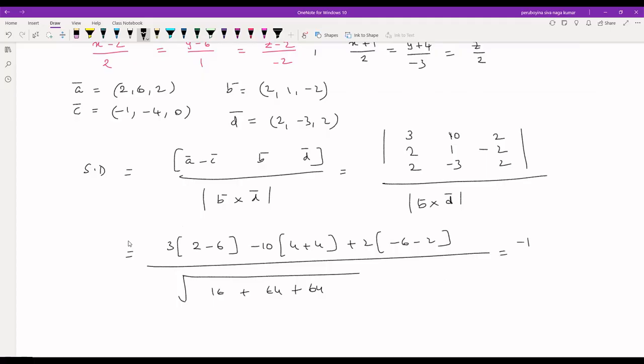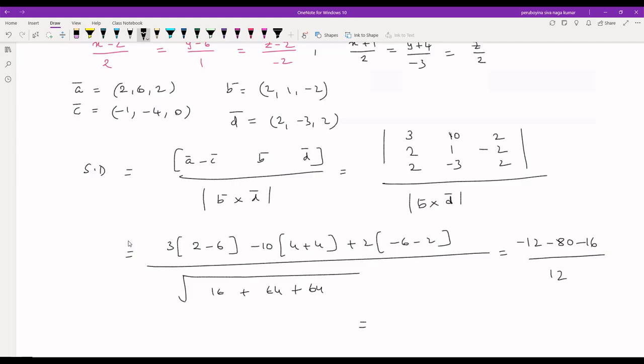So minus 4 minus 12 minus 8, 80, minus 8 minus 16. 64 plus 64 is 128, 128 plus 16 is 144. Square root of 144 is 12.